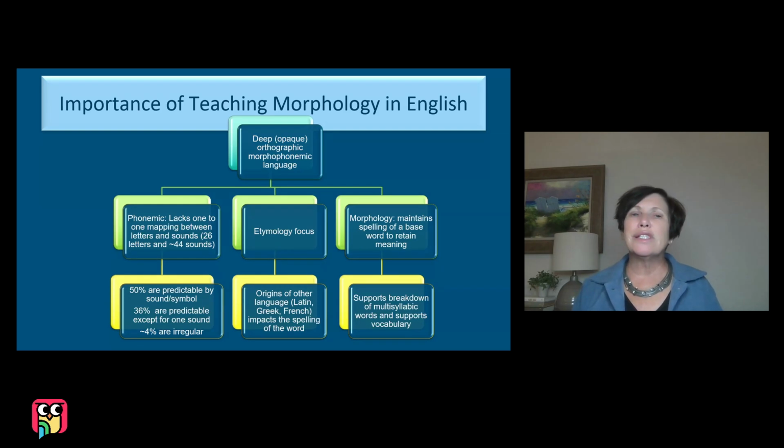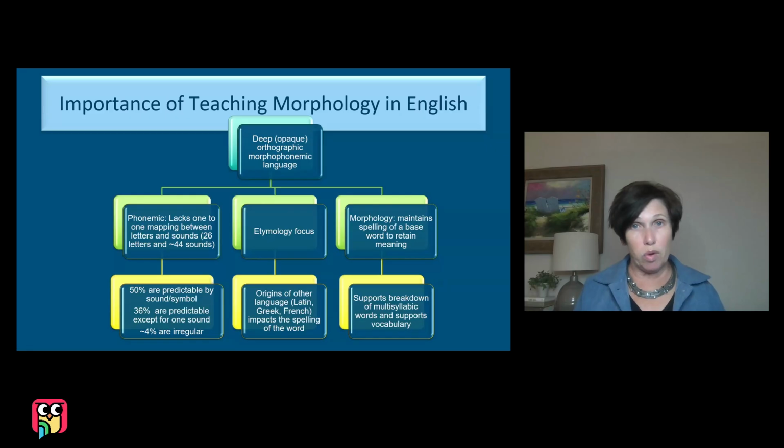We know that it is considered a deep, or you'll often see the word opaque, orthographic language because of the morphology and the phonological awareness piece that comes into English. And then as we look a little deeper, it also pulls in the etymology from other languages as well. So as we talk about that phonemic piece, we know that English lacks that one-to-one correspondence of letter and sound.